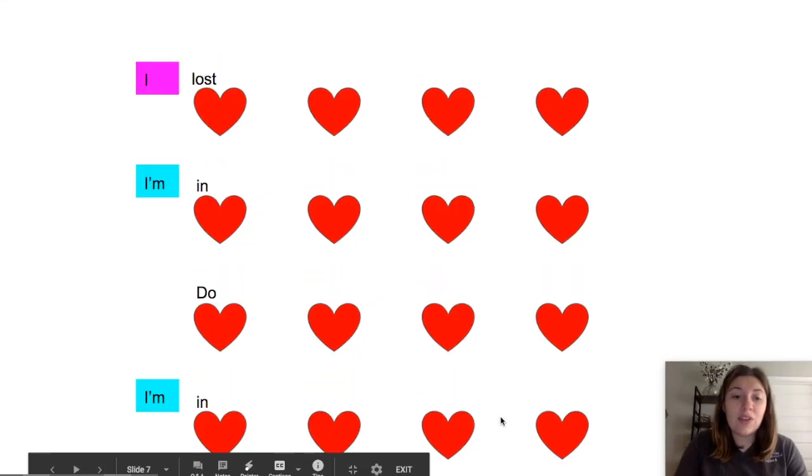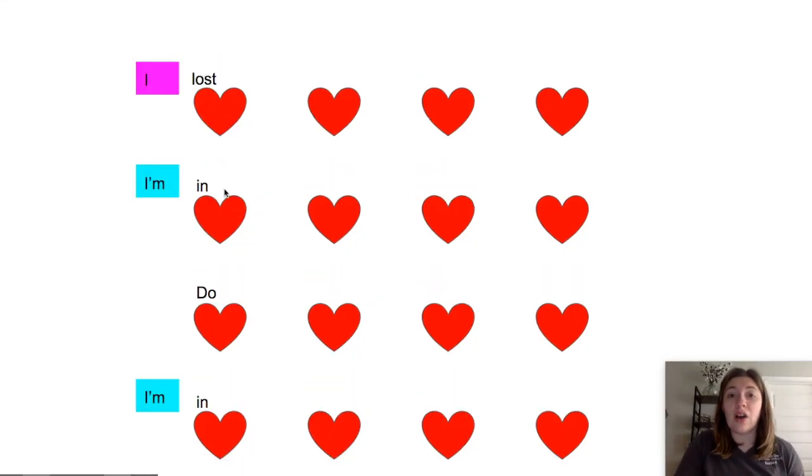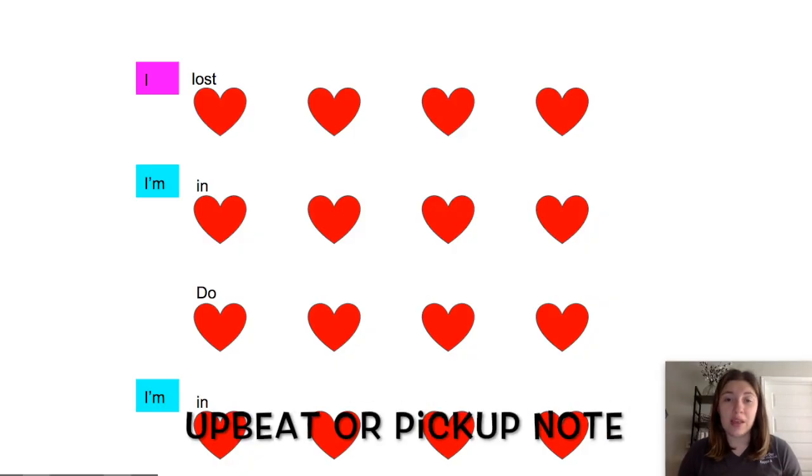Now, we've been talking about the words that land on the strong part of the beat and the weak part of the beat. We have I lost, I'm in, do, I'm in. So in music, when we have a sound that is on the weak part of the beat, right before the strong part, we can call that an upbeat or pickup note.